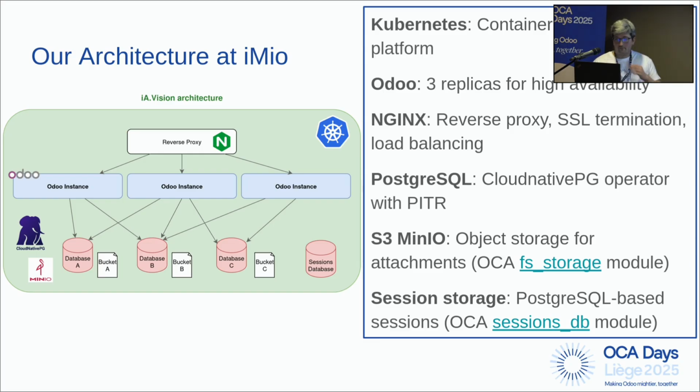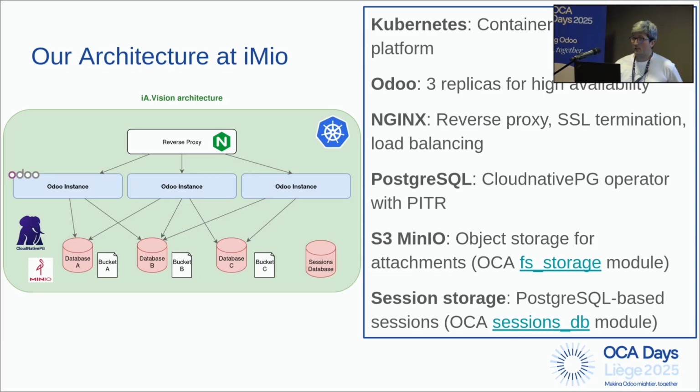So currently, we run 3 Odoo replicas behind an Nginx reverse proxy that handles SSL termination and load balancing. We use PostgreSQL, which is managed by the CloudNativePG operator, providing replication, backup, and point-in-time recovery.